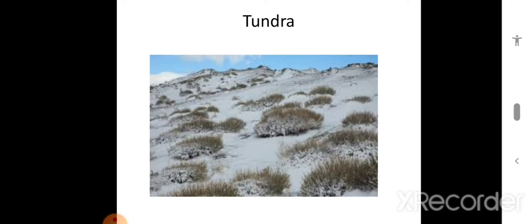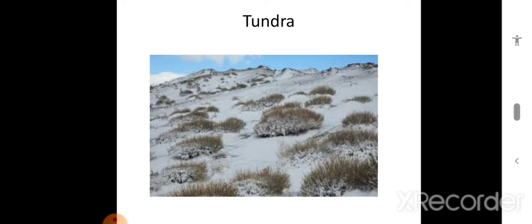The animals here have thick fur and skin to adapt to the severely cold conditions. There will be severe cold conditions in the tundra region. That is why the animals living there have thick fur and skin, to adapt to the severely cold conditions.